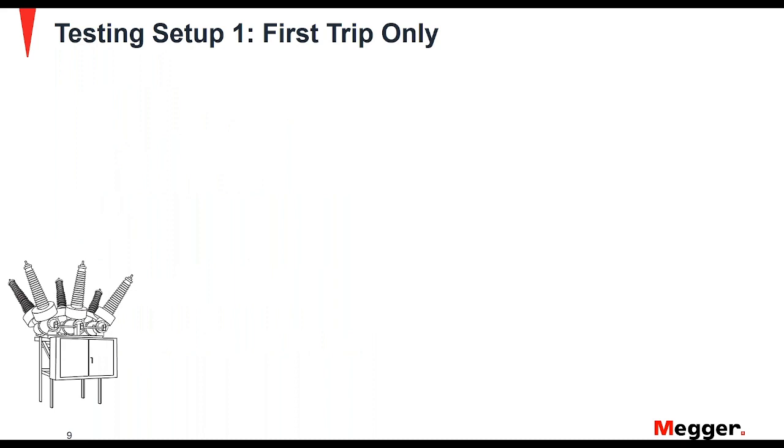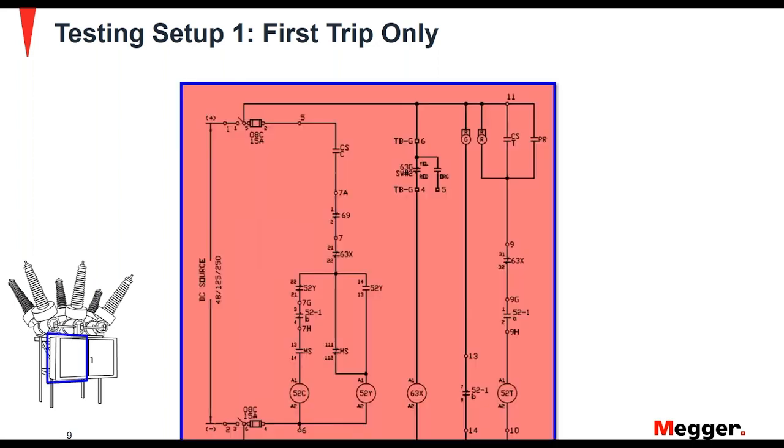So how can I get this coil current measurement? Basically, I'm just going to measure it using a clamp. This is the first step in doing a first trip test. I'll go to the mechanism where I have my control circuitry, tripping coil and closing coil circuitry, and I'm going to connect a current clamp to measure the coil current.